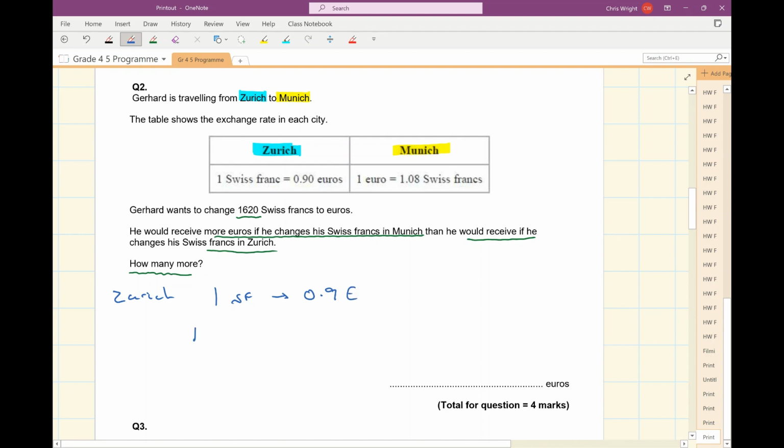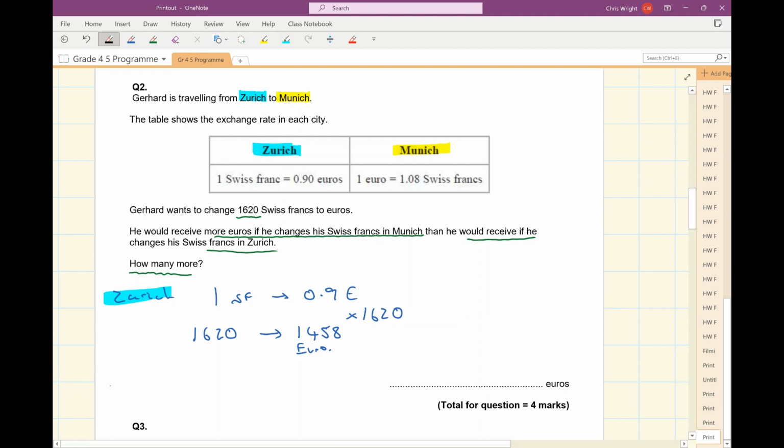He's got 1,620, so I'll times 0.9 by 1,620 to see how many euros I'm going to get, because every Swiss franc gets you 0.9 of a euro. So in Zurich, he's going to get 1,458 euros.